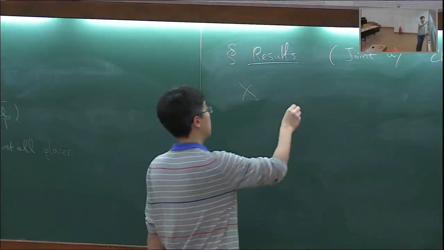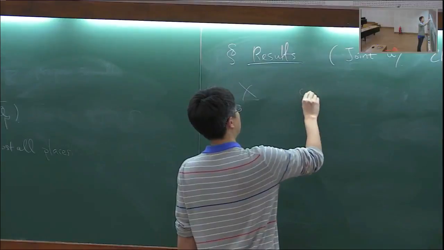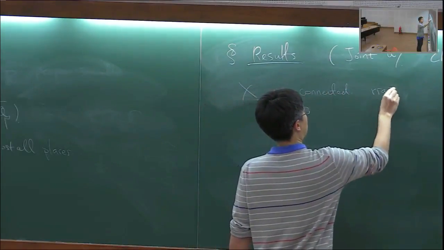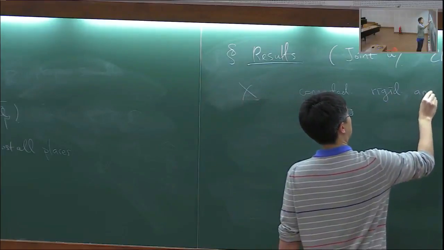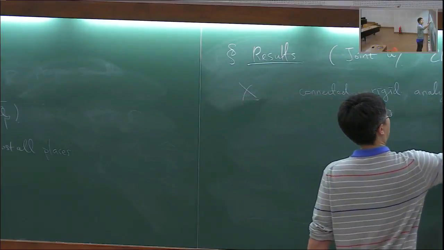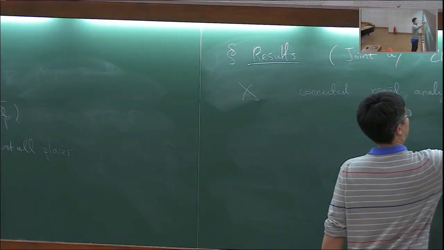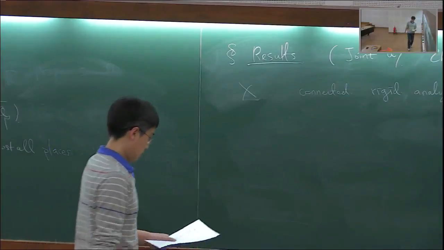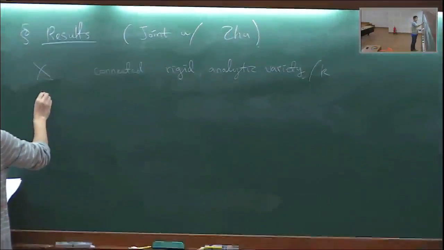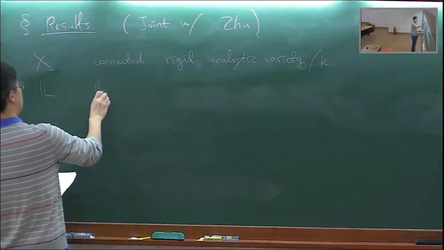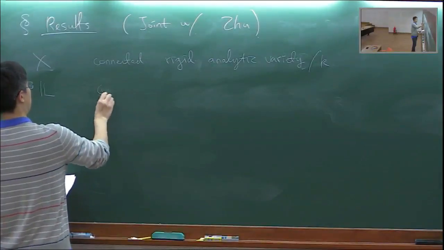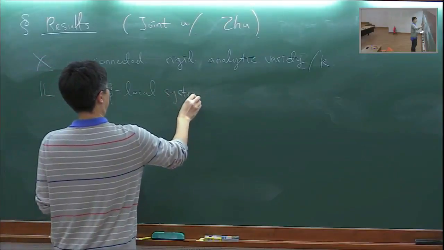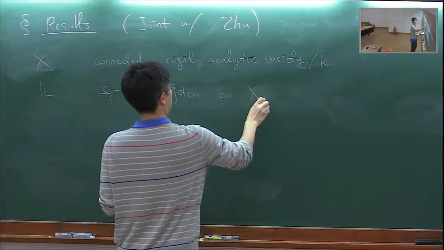X is a connected rigid analytic variety, and L is a QP-local system on the étale site of X.